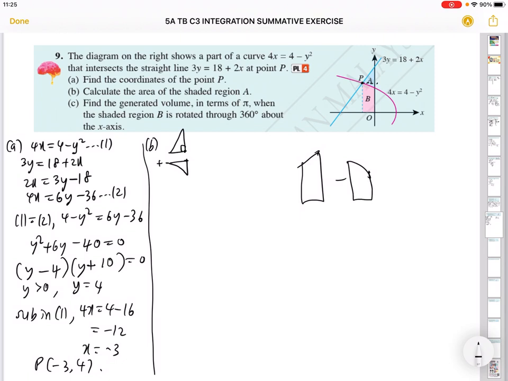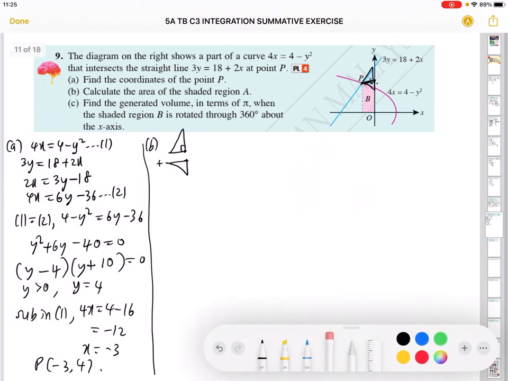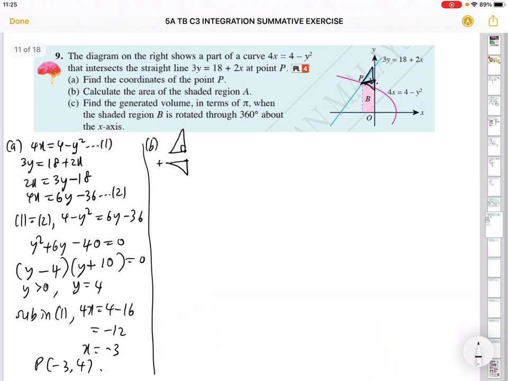I will do it with respect to y because it's easier to make x the subject than y. But if you choose the other way, you can, but be mindful there's a plus minus when you square root, and you probably have to take a positive sign. Okay, anyhow, let's do this.